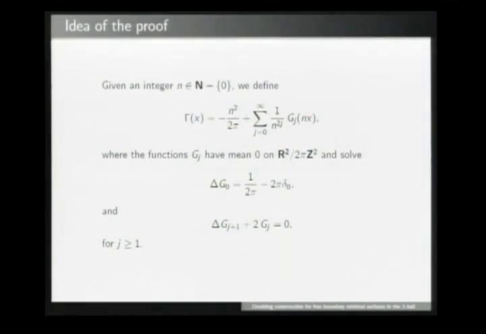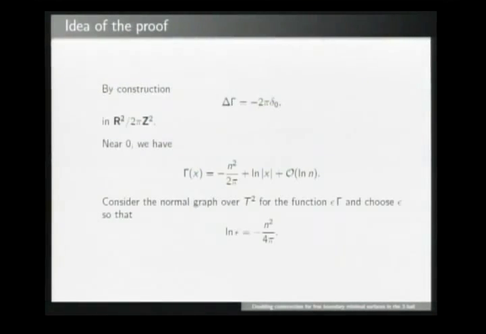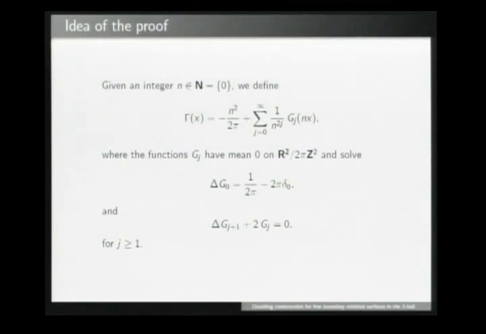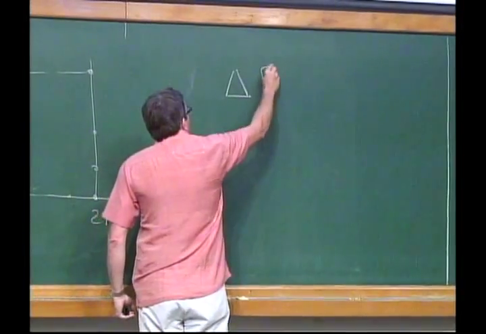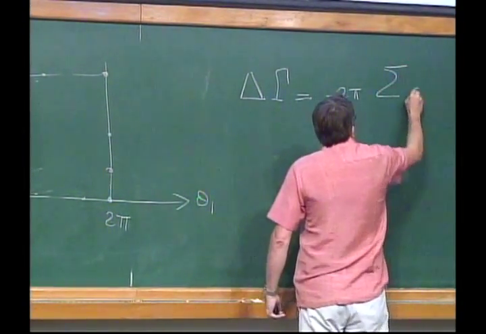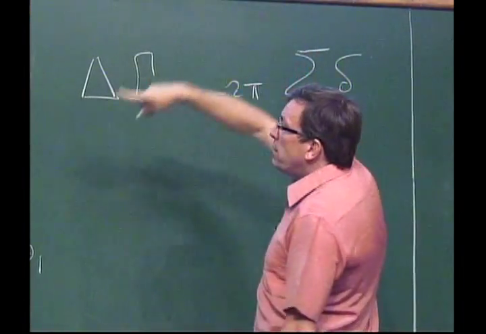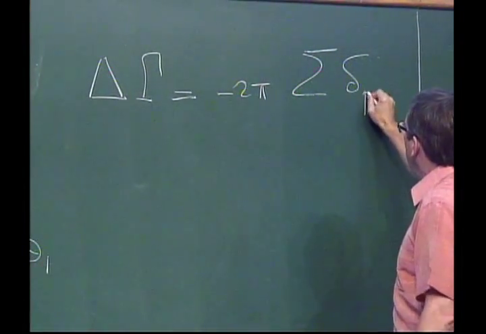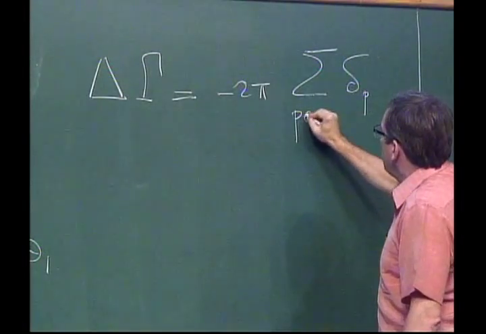So gamma solves Laplacian of gamma equals minus 2 pi times the sum of Dirac masses at all the points in the lattice.